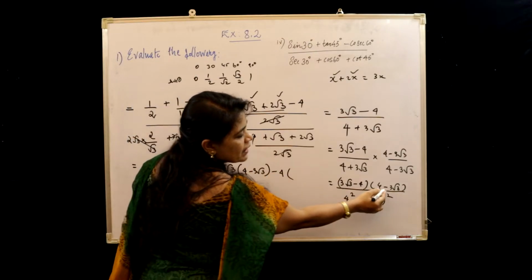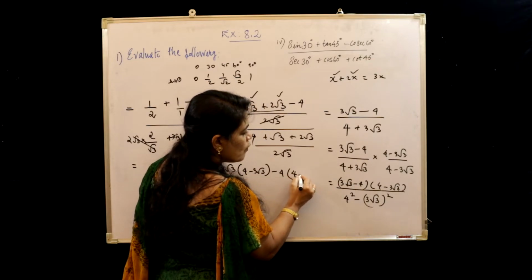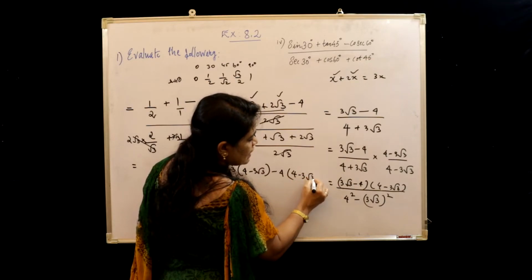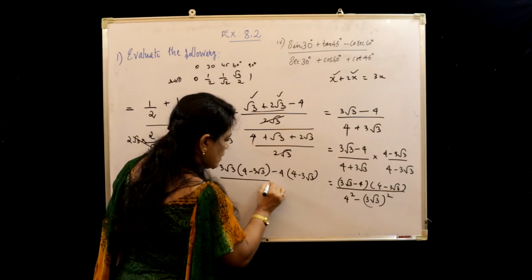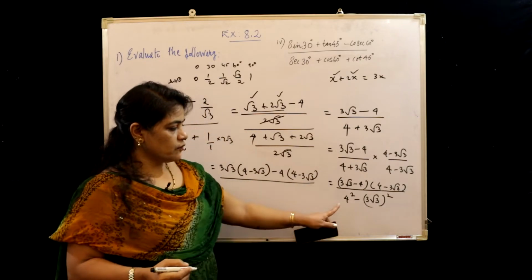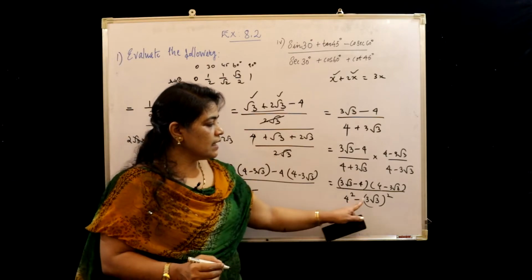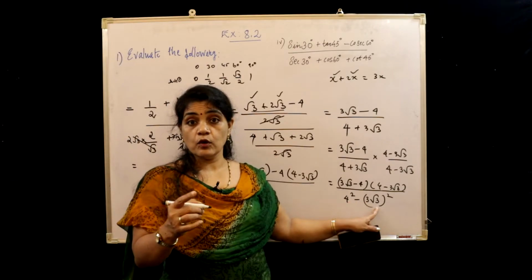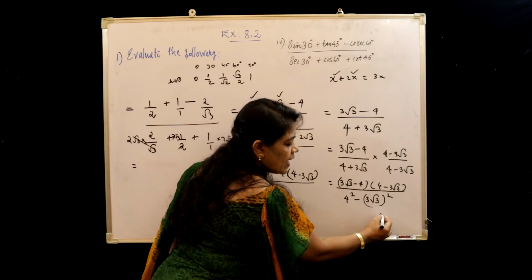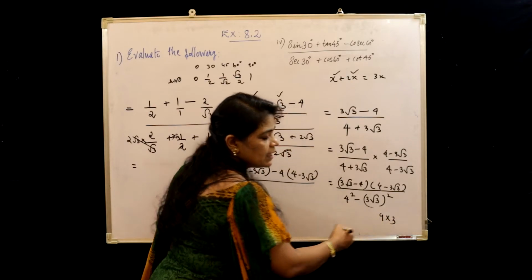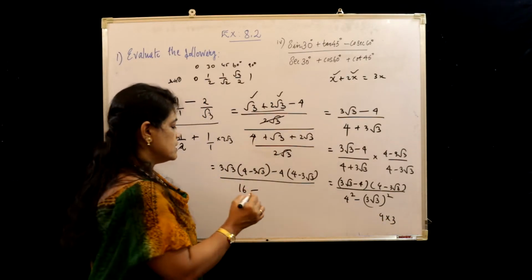You can multiply the second factor, that is 4 minus 3 root 3. The denominator: 4 square is 16 minus 3 root 3 whole square. 3 square is 9 and root 3 whole square is 3, so 9 threes are 27.